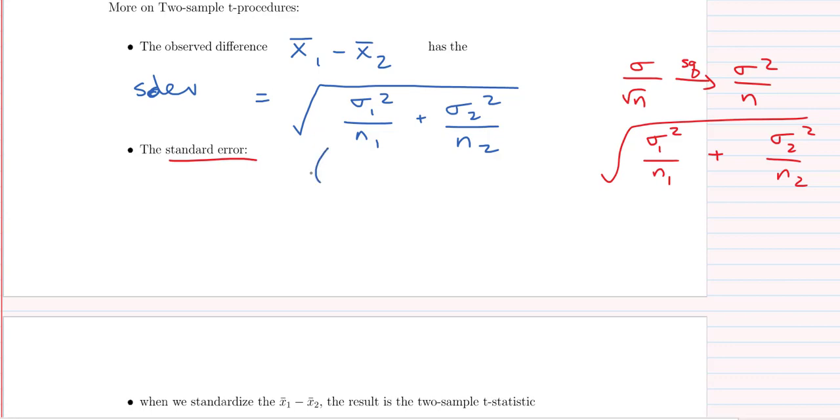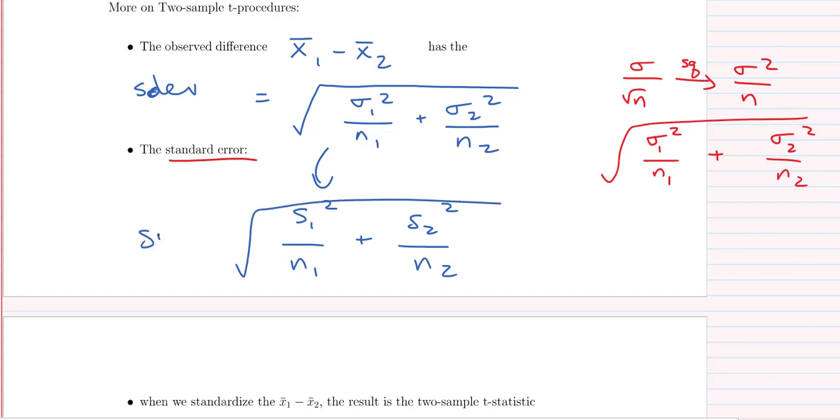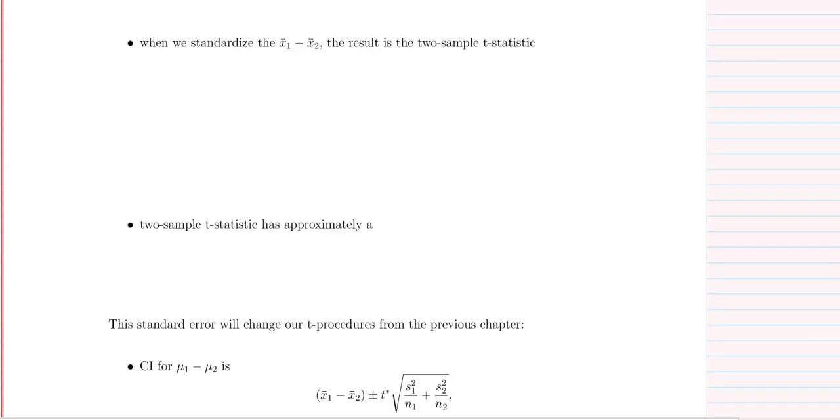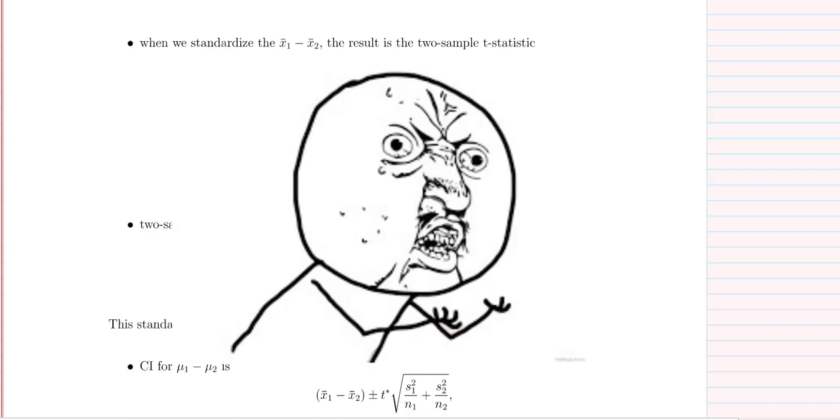So if we change this to s1 squared over n1, because we don't have sigma, so we can't use it, then this is our standard error, and we call that SE. But just like all our other methods, we're going to standardize x bar 1 minus x bar 2, and we get a new t-statistic. Yet another t-statistic.